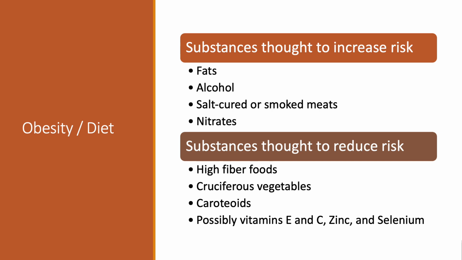So nitrate is an inorganic water-soluble chemical. Your body makes nitrates daily, but the majority of them come from your diet. And too many nitrates can increase your risk of cancer. So foods that have added nitrates include ham, bacon, deli meat, hot dogs, those kinds of things.